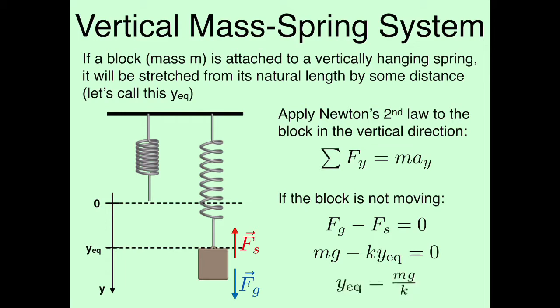So if you solve for y_eq, you'll get y_eq is equal to mg over k. So the point of this is, when you add this mass to the end of the spring, it's now stretched out by some amount, and the new equilibrium position is given by mg divided by k. That's the new position where the overall force acting on the block is going to be equal to 0.